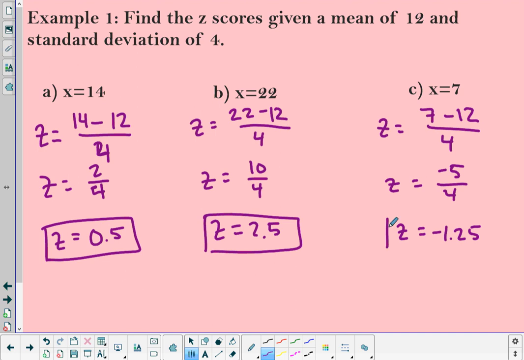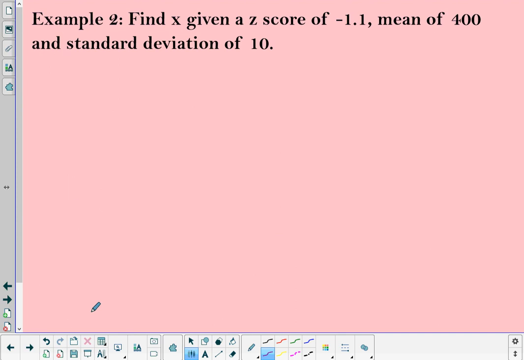So that's on that negative side of the z-score table, which is the bottom 50% of the data. Remember that your mean marks the 50%. So positive z-scores give you the top 50% of the data, and negative z-scores give you the bottom 50% of the data. Anything that's below the mean is in the bottom 50%. Anything that's above the mean is in the top 50%. So we're just normalizing our data today.